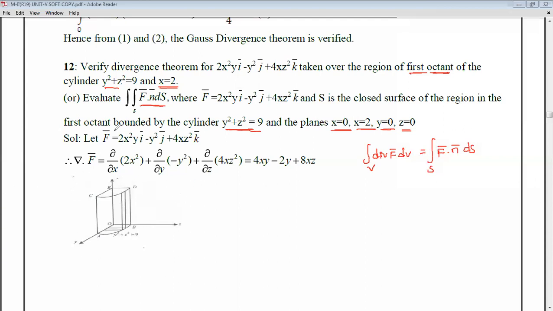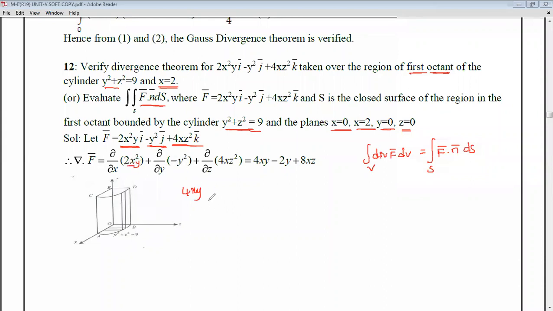So here, first f bar is what they give. So f bar is equal to 2x square y i minus y square z j plus 4x z square k. First you need to find divergence f bar, which is the dot product of del: dou by dou x of 2x square y. With respect to x, y is a constant, so of course 2x square y gives 4xy, since the derivative of x square is 2x and 2 is already there.